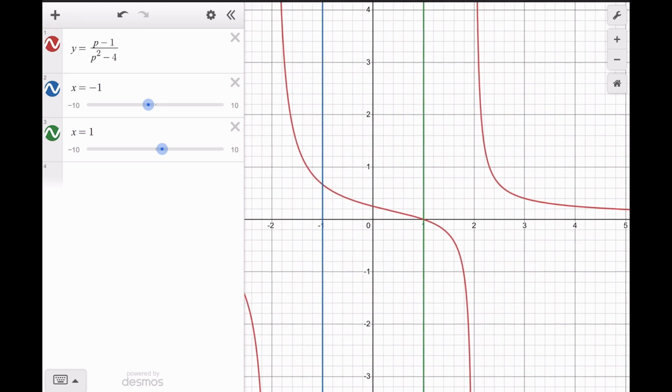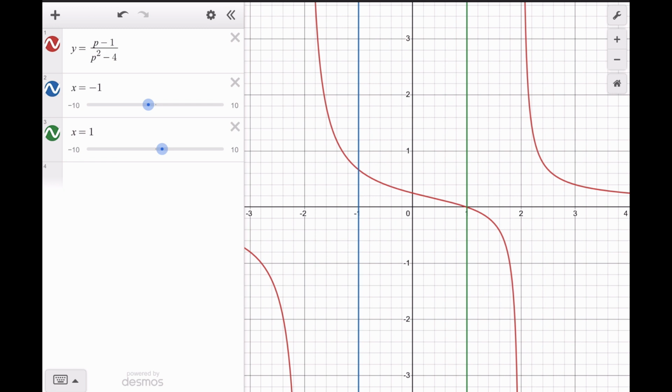You can see that in that interval, the absolute minimum is indeed occurring at the point x equals 1, and it's 0. You can also see that when x is -1, the absolute maximum value is achieved, and it is in fact 2/3.